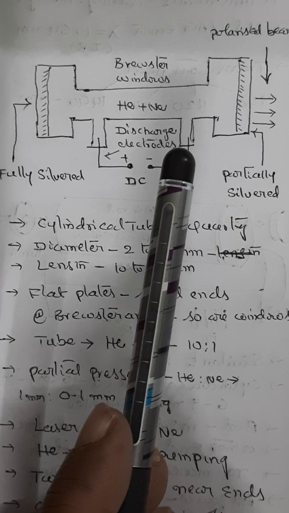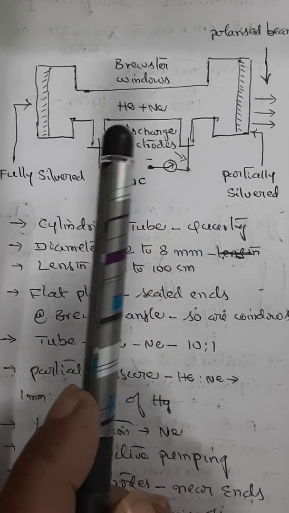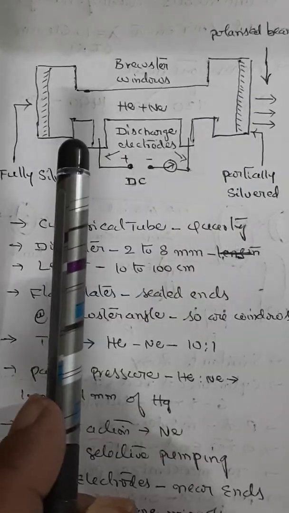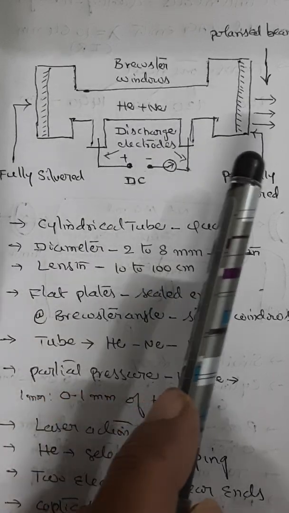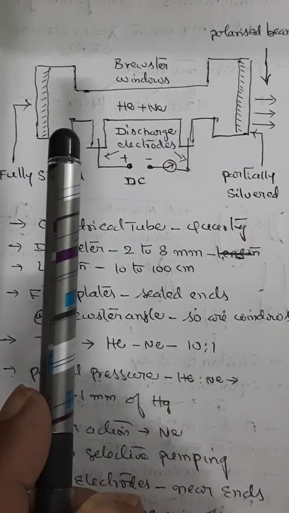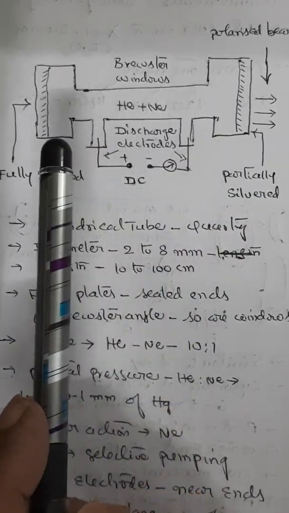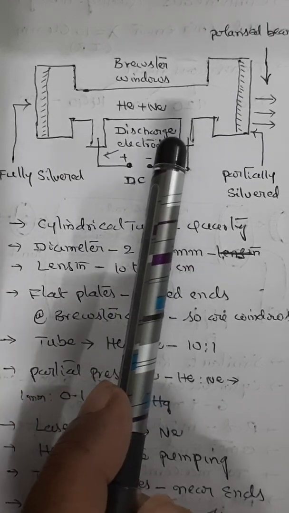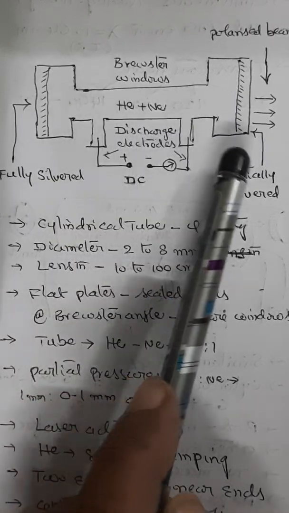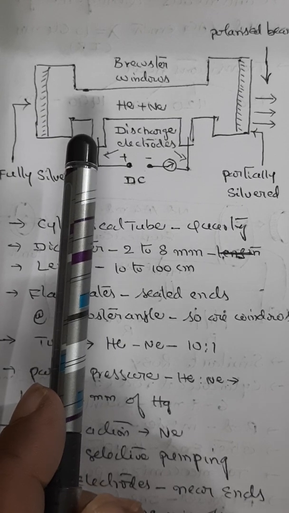Flat quartz plates are sealed at the ends of the tube. That means the plates are sealed at a Brewster angle with the axis of the tube to obtain polarized light. So, the plates are called Brewster windows.